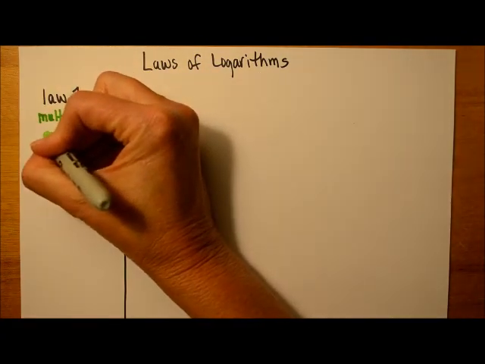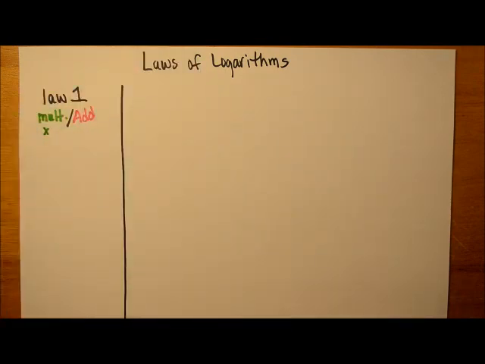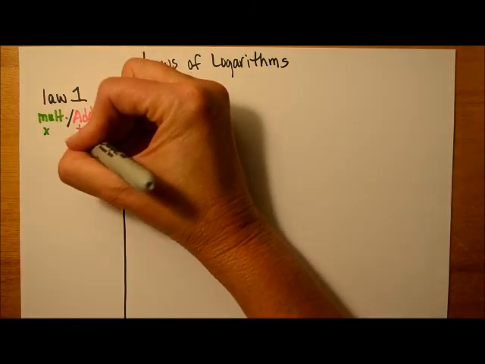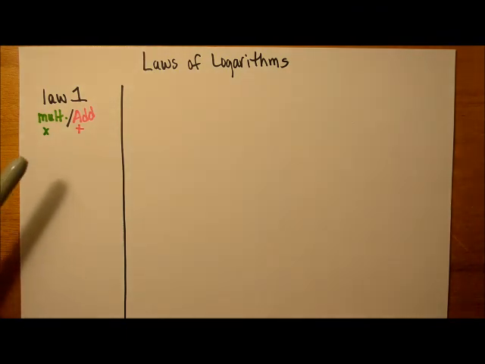So we're going to use multiplication and we're going to use addition. Now, in my little brain, those two signs look kind of similar, right? That's how I remember. They look alike, sort of, kind of.